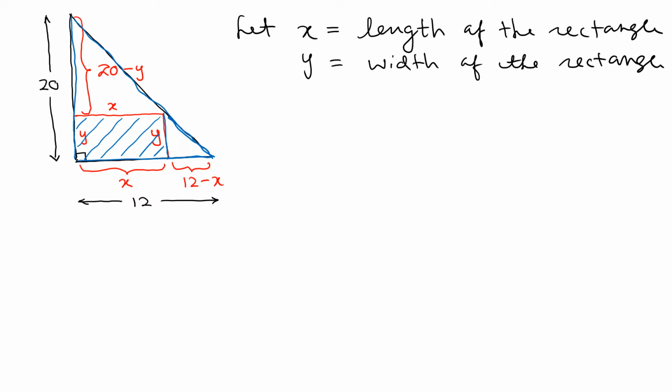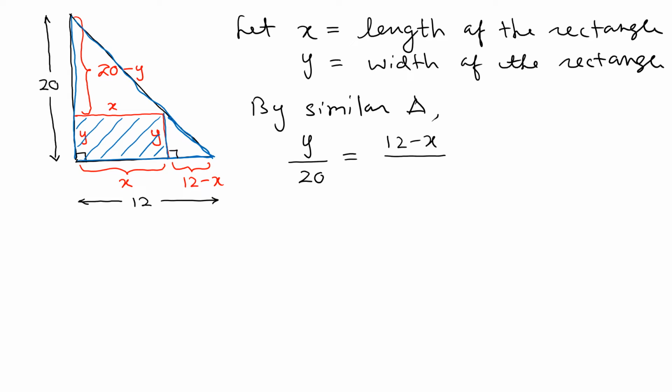So by similar triangles, what we normally do is write the one that we need as the top one. So y divided by 20, the corresponding side on the big triangle, equals 12 minus x over 12, the corresponding side on the small one. Now we simplify this. We multiply both sides by 20, so y equals 20 over 12 times 12 minus x.